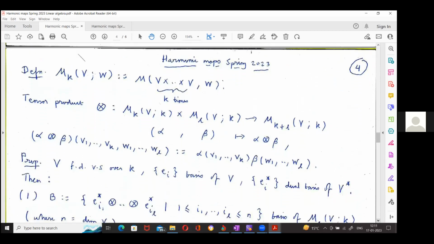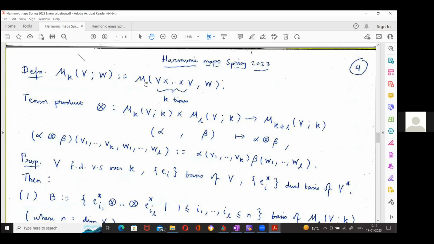Okay, so now let me look at multilinear maps from a Cartesian product of a vector space V with itself mapping into W. Let me call this space M_k(V; W).